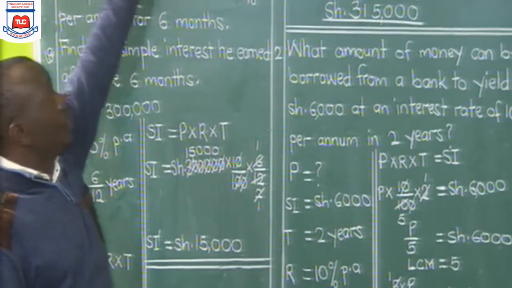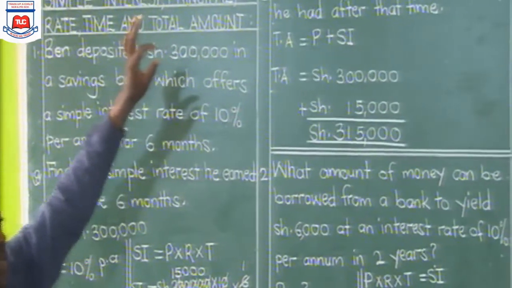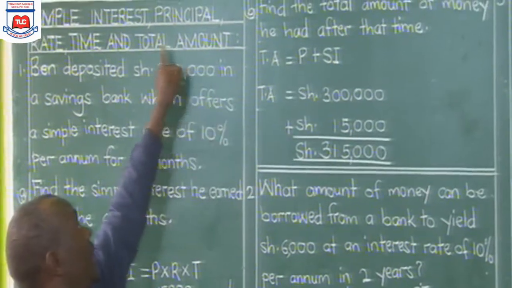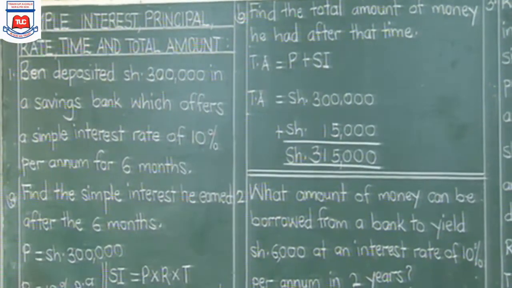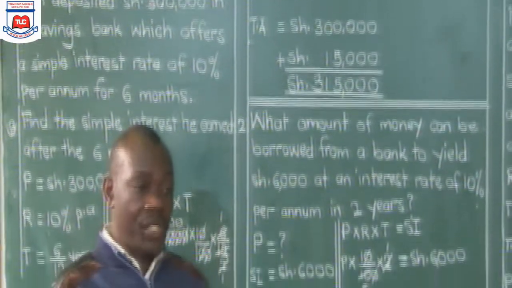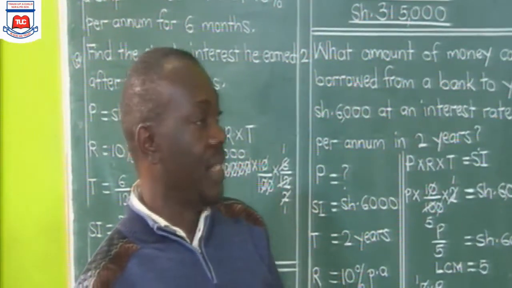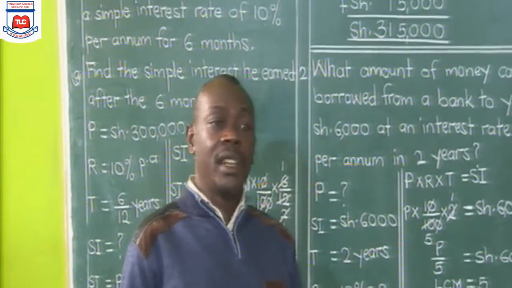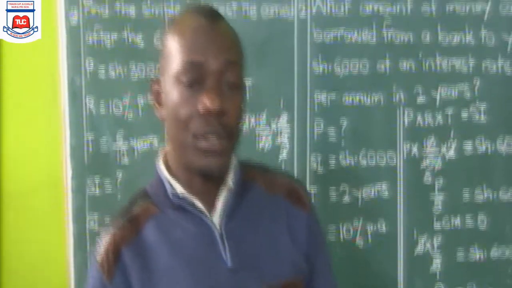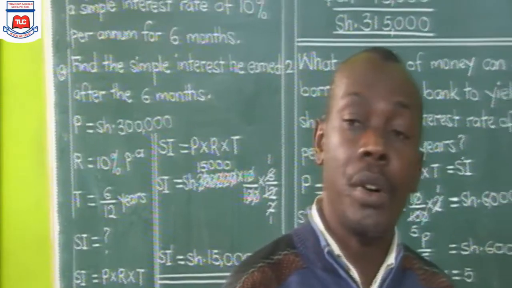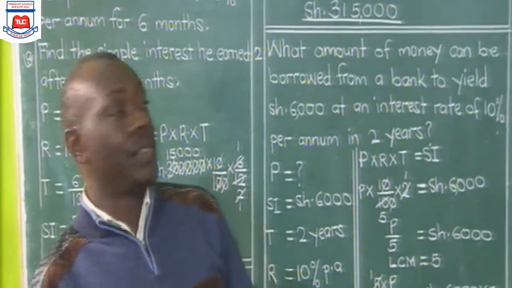Then total amount. The question is, what is total amount? As the word total suggests, it is a combination of things. Which things? Principal and simple interest.